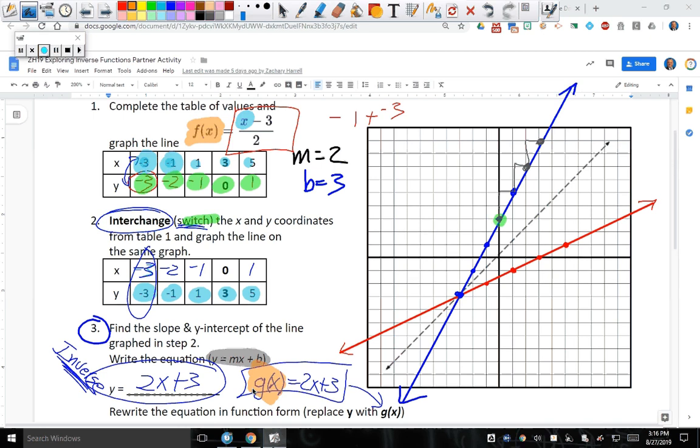Imagine the boomerang. They're backward processes from one another. But on your homework, if I give you a y, I want you to give me a y backwards. If I give you an f of x, I want you to give me this symbol. If I give you a g of x, I want you to give me this symbol. You with me?